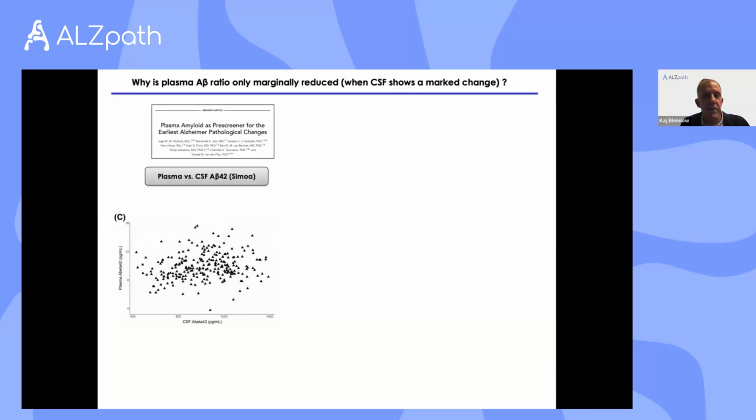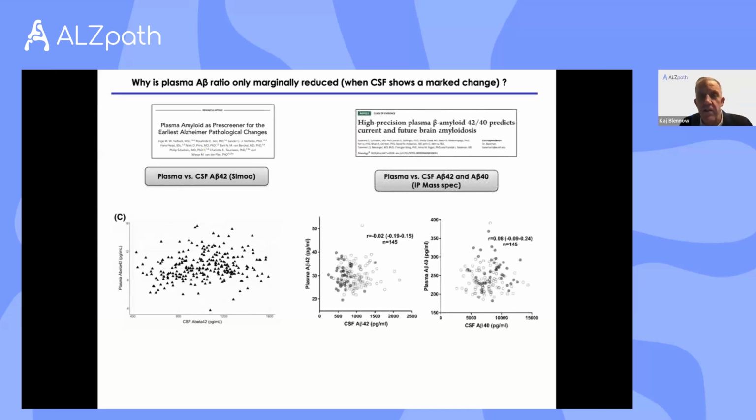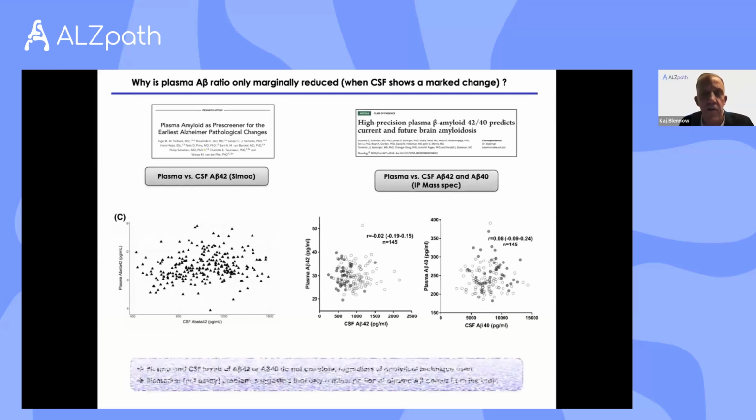And maybe you have part of the explanation here, together with much other data, of course. But this is a Simoa study on the correlation between CSF and plasma A-beta-42 in this case, and you can see that there's no correlation at all. And this is just to show that this is not method dependent. So this is immunoprecipitation mass spec data on A-beta-42 and 40, the correlation between CSF and plasma, and there is no correlation.